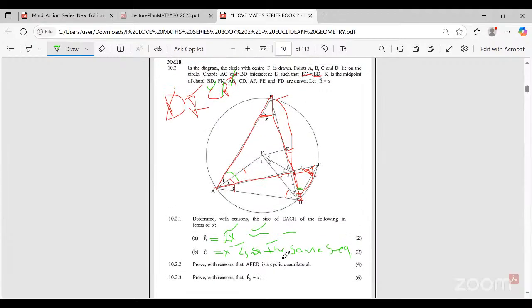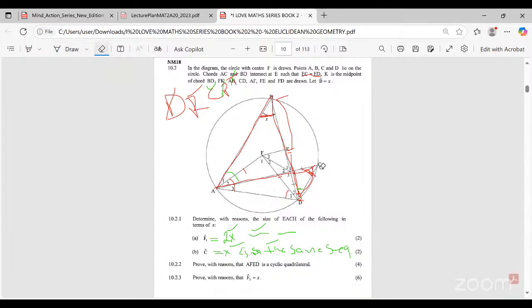Now let's come to proving. Prove with reasons that AFED is a cyclic quad. Then you need to know the properties of a cyclic quad.